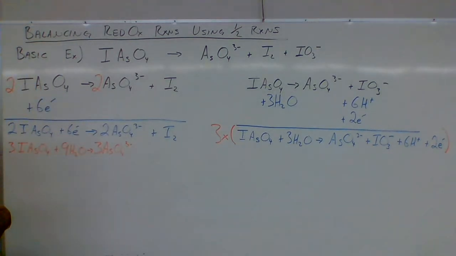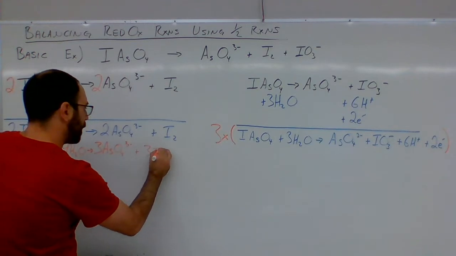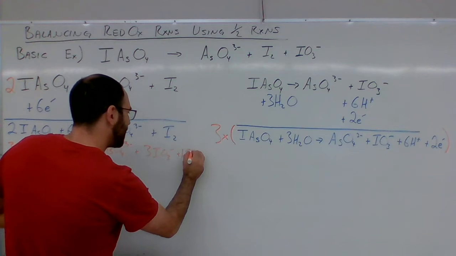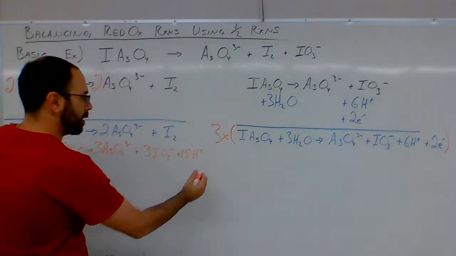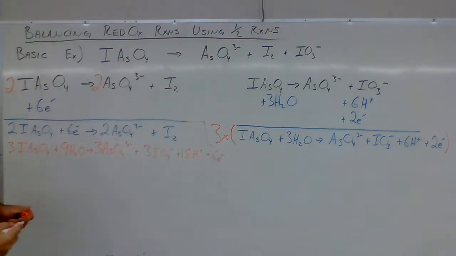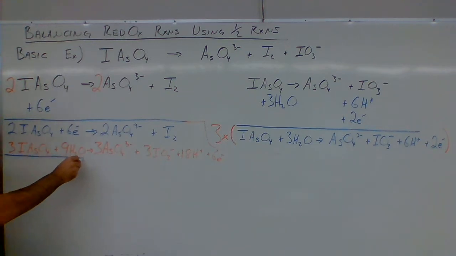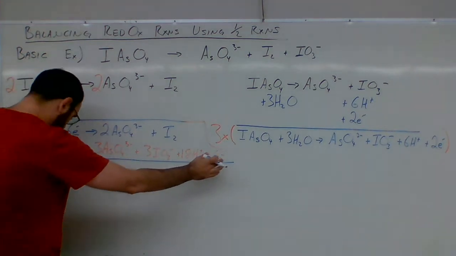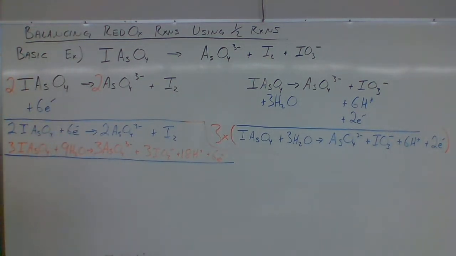So we have 3 ASO4s plus 3 IO3 minus plus 18 H plus 6 electrons. I have 6 electrons on this side and 6 electrons on that side, so that effectively allows me to cancel those out.